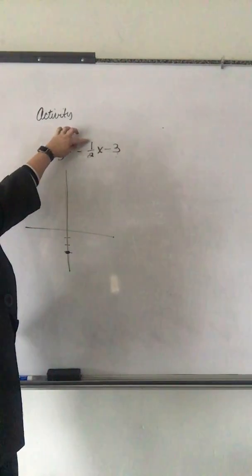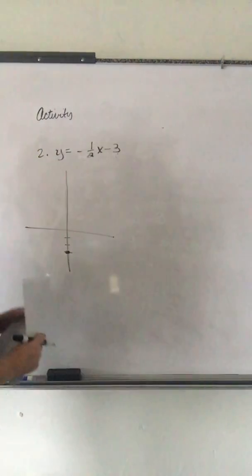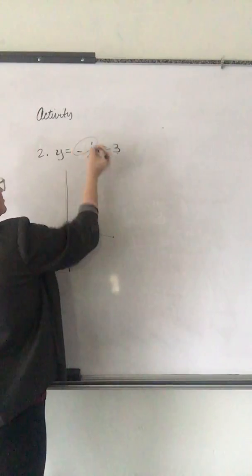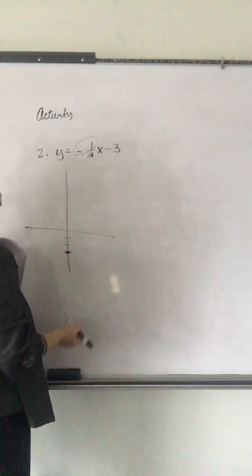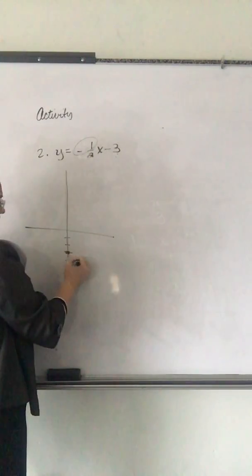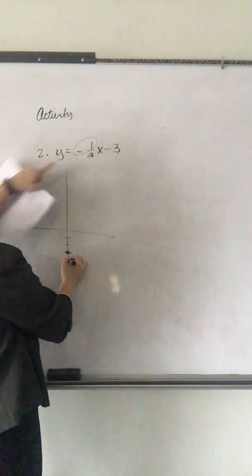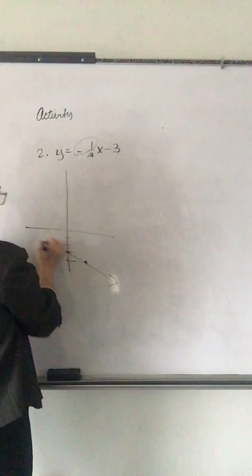You can use the negative on the rise or the run, but don't double use it. Just put it with one of those. It's up to you. I'm going to choose to put it with the top and say a rise of -1 and a run of +2. So from my intercept, rising -1 is actually going down 1, and then run +2 would be right 2. And then that would draw my line.